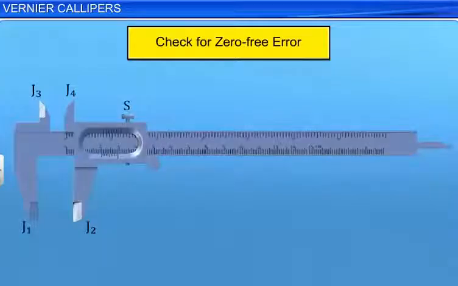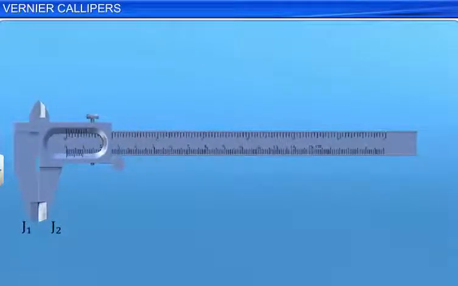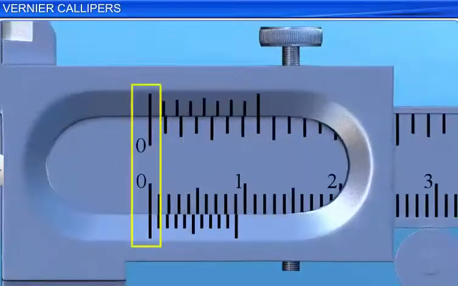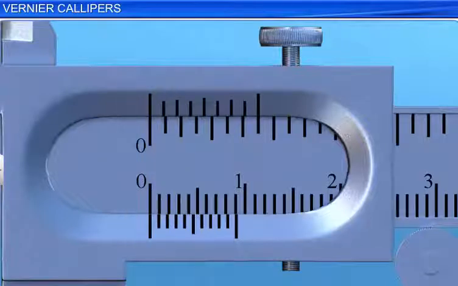Before measuring the length of an object using the vernier calipers, you need to check whether the instrument is error-free. Bring the two external jaws, J1 and J2, in contact. If the 0 on the main scale coincides with the 0 on the vernier scale, then the vernier calipers is free from error.